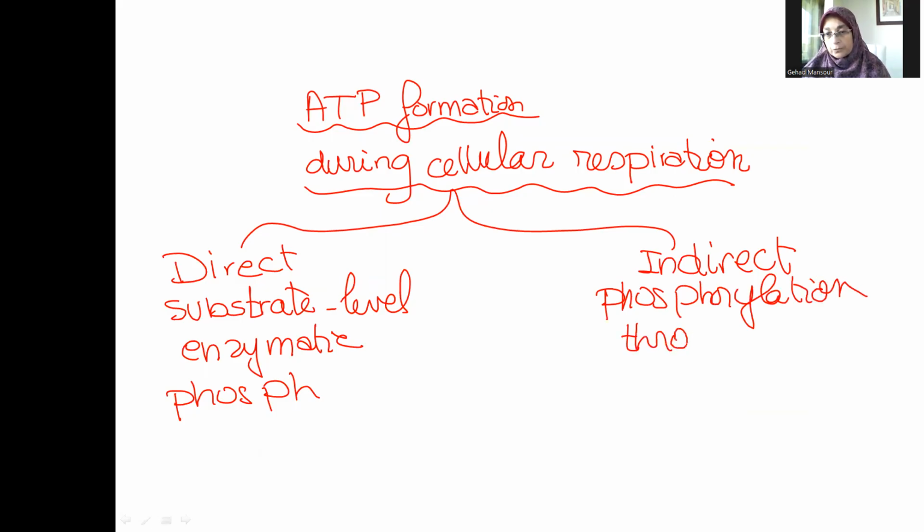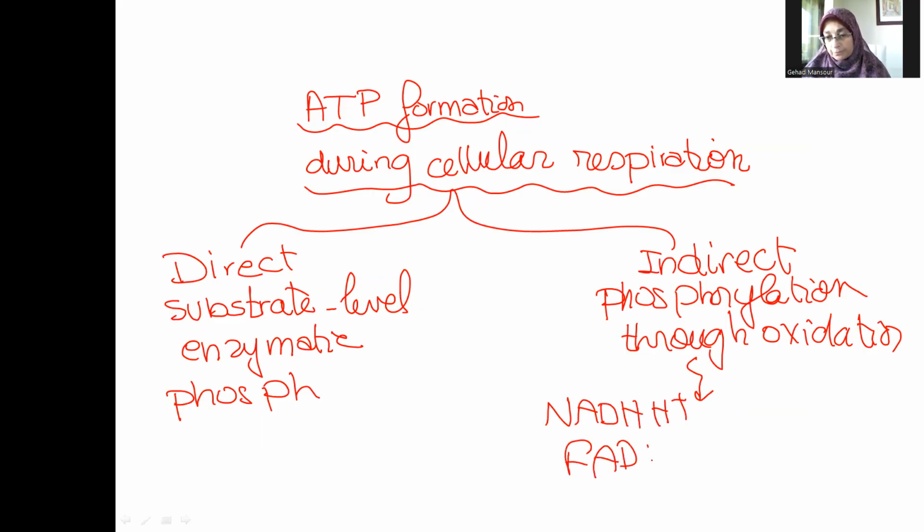The indirect phosphorylation through oxidation is the formation of ATP when reduced NAD and reduced FAD deliver their electrons along the electron transfer chain until ATP is produced at the end of the day.